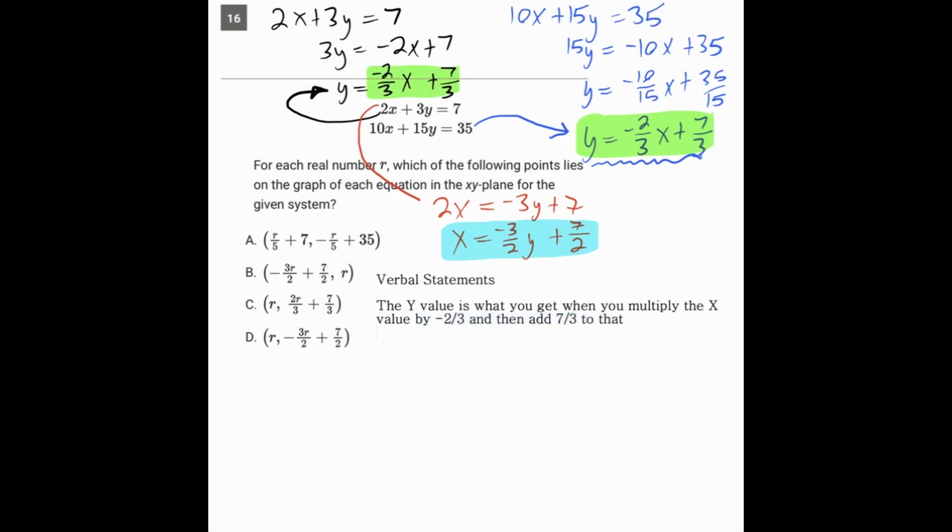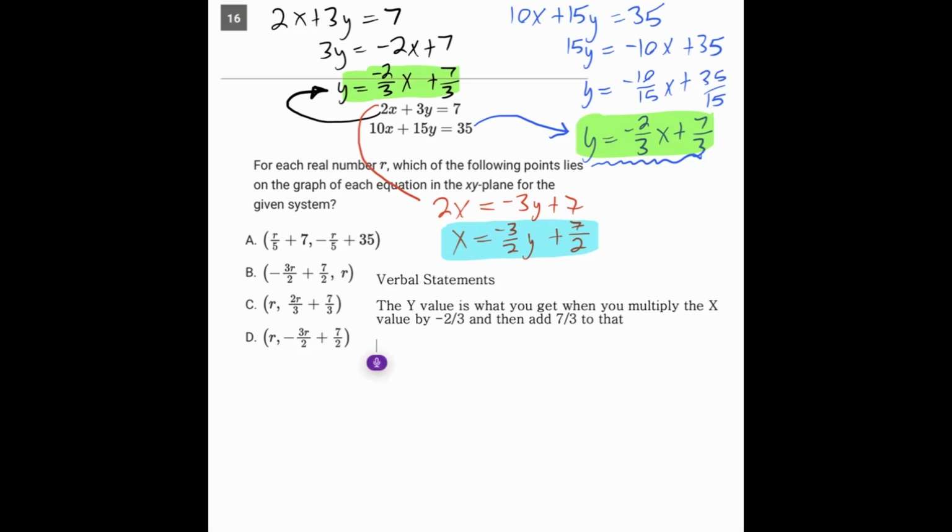Now that is our green statement there. That's either of these statements. They both say that the y value is what you get when you multiply the x value by negative 2/3 and then add 7/3 to that. Now, to use a verbal statement to express the blue statement, that one would look like this.